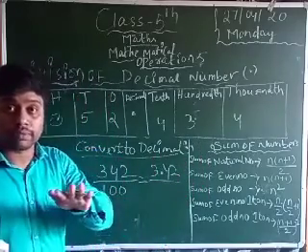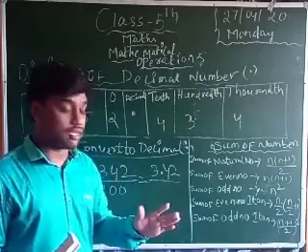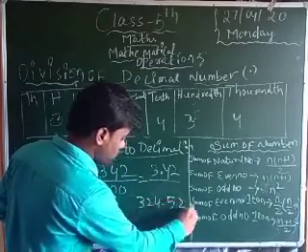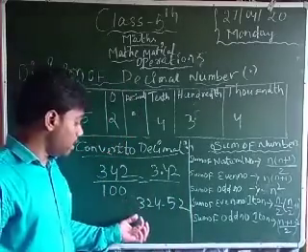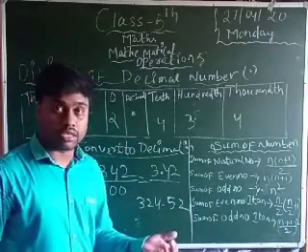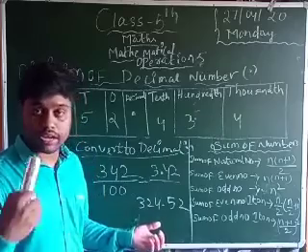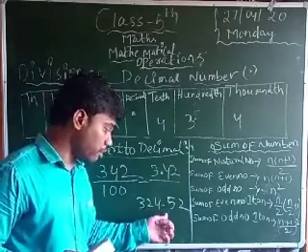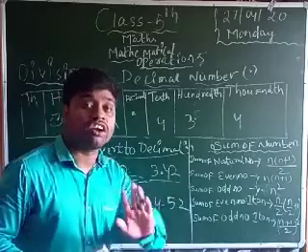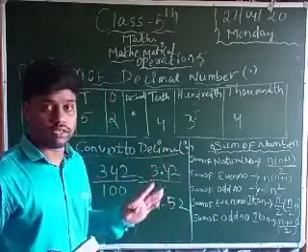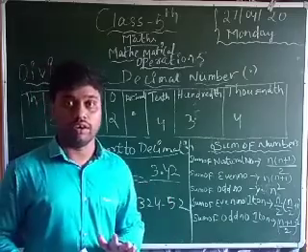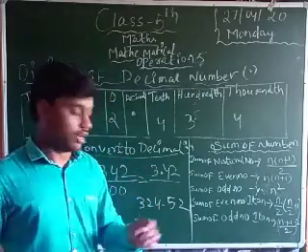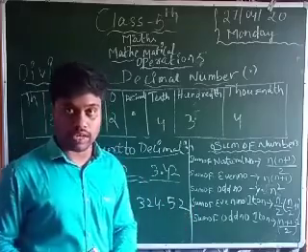In decimal numbers, you read them like this. For example, 324.52: you read 52 only, not 5 tenths 2 hundredths. You can also write it like that: 324.52. This is how it is read.